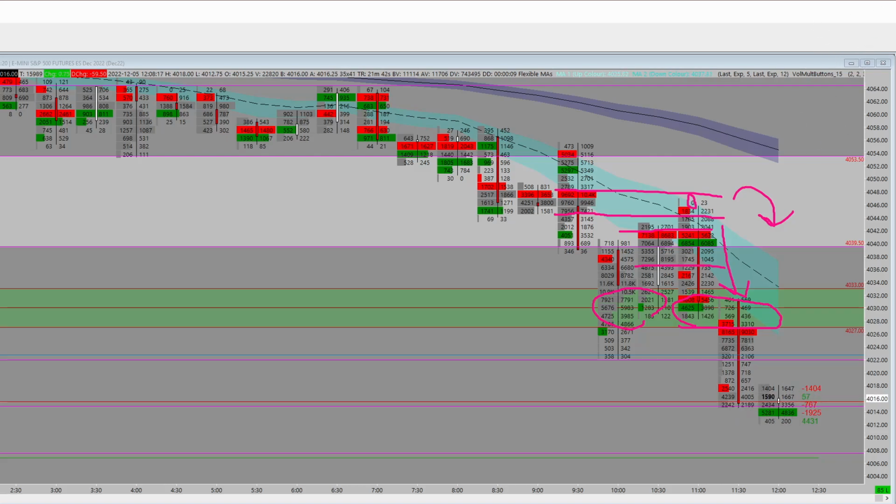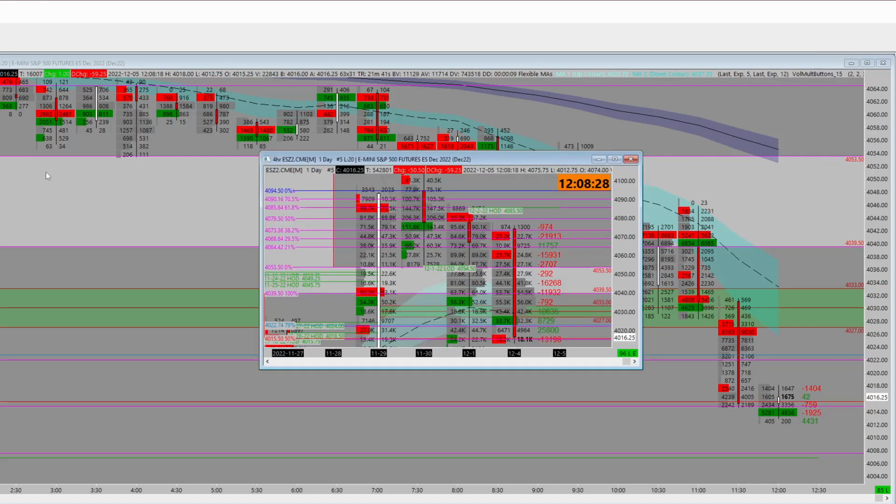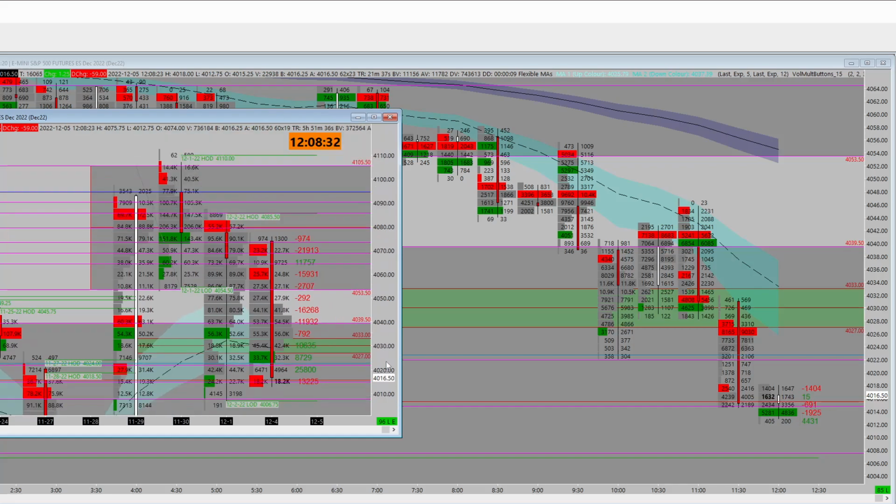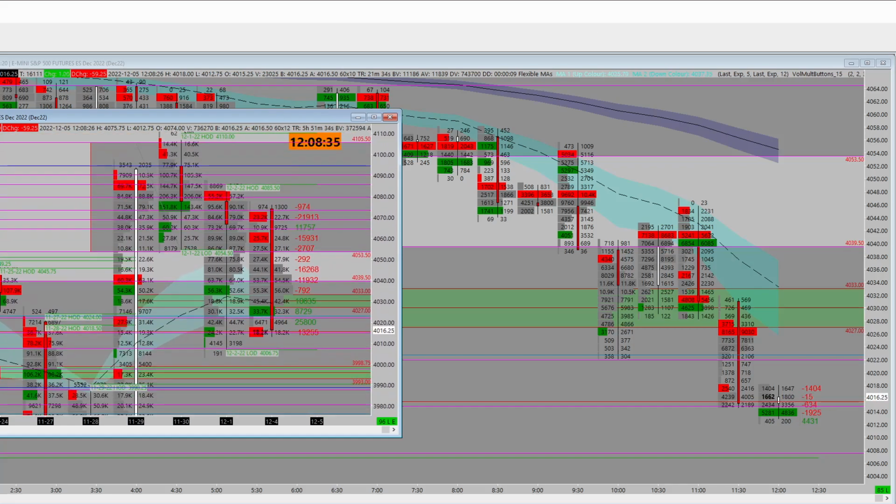Let me pull up the daily chart. So now when we look at the daily chart, just looking at today's candle, look at all this volume that's underwater. The same thing when we look at the volume going in prior to the open.